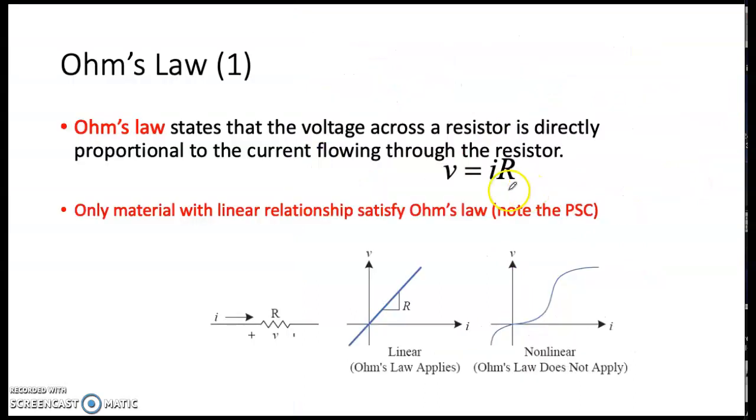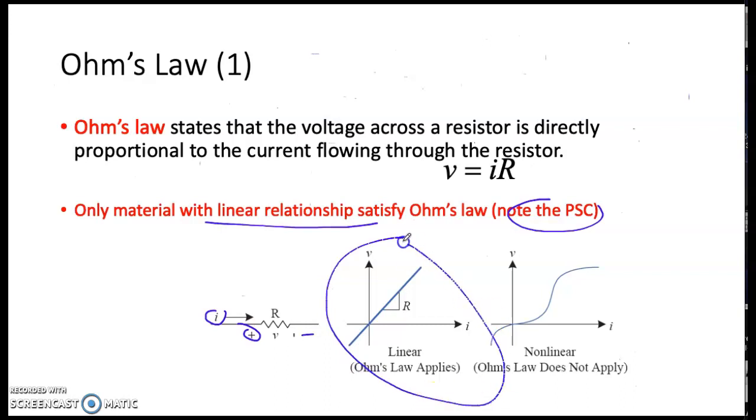Okay, so this is just the same explanation: only material with a linear relationship. What is PSC? The passive sign convention means the current flows from positive to negative. So this is what PSC is all about. Ohm's law only applies to the linear resistor and will not apply to the non-linear resistor.